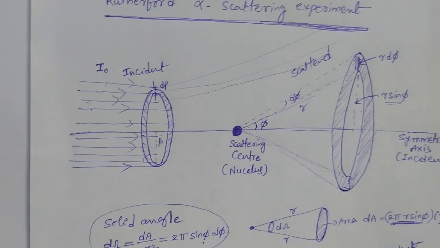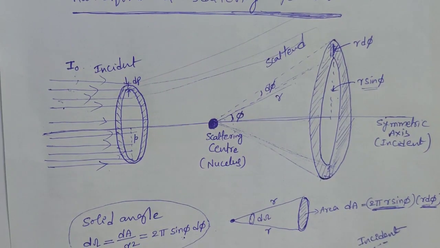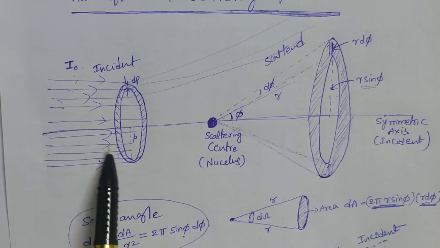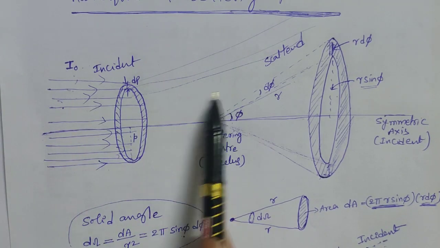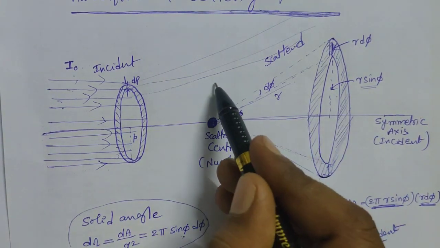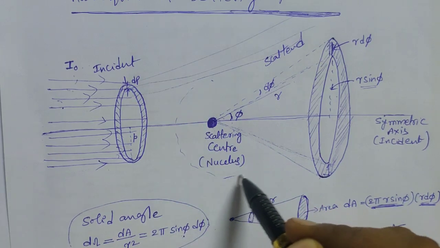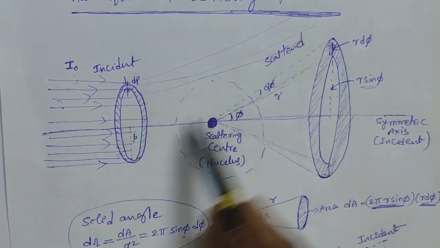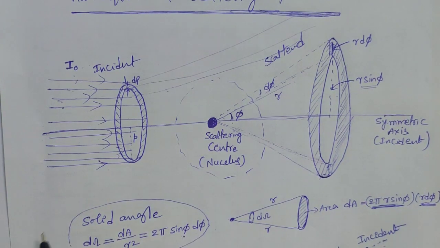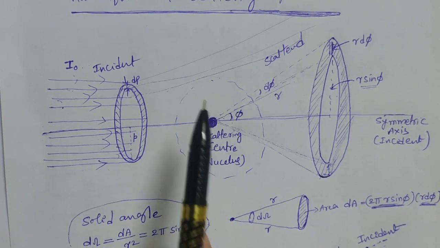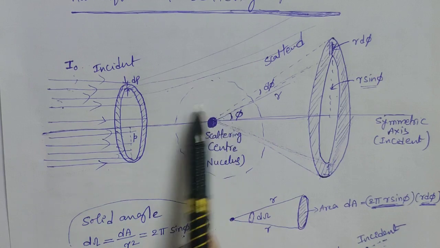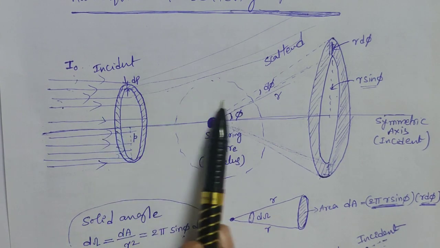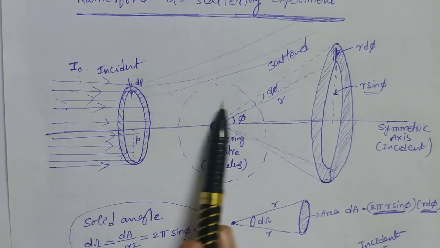So let's say, for example, alpha particles are coming like this. When the alpha particles are coming like this, there will be a nuclear force. Because of that nuclear force, they will be scattered in all the directions. Imagine that the nucleus presents some area to these alpha particles.